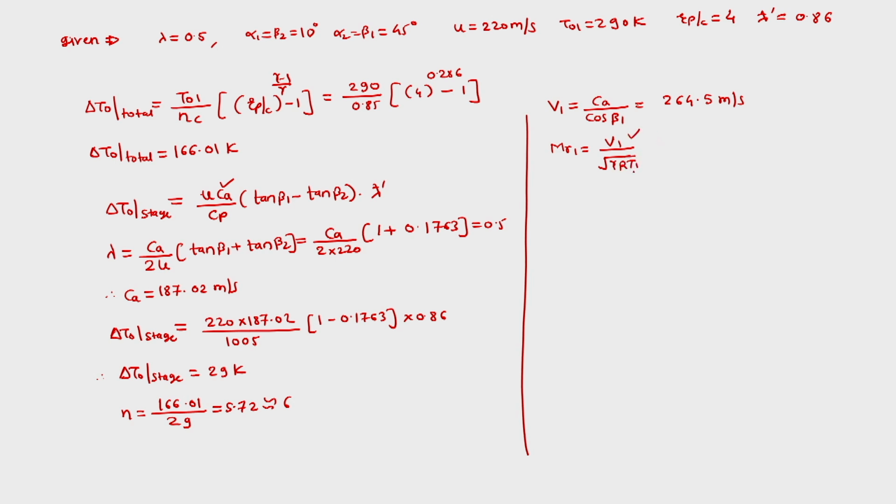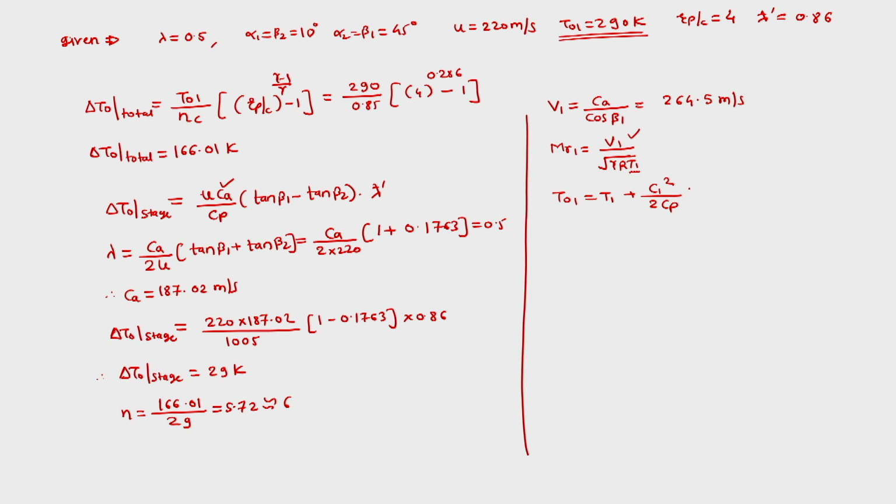So now V1 is known, we just don't know T1, since we are given T01. We can find T1 from T01 using the formula, which says that T01 is equal to T1 plus C1 squared upon twice Cp.